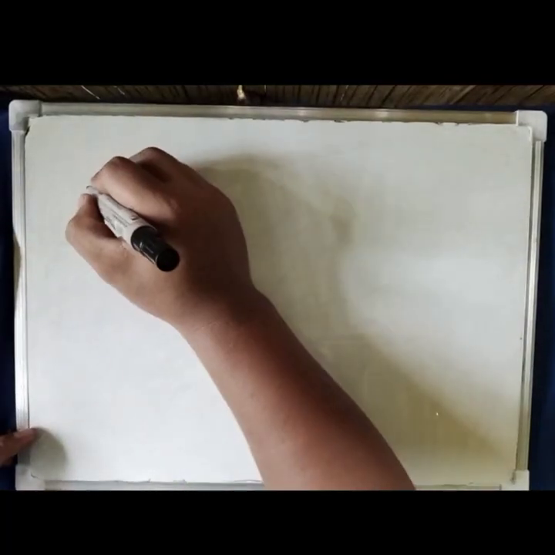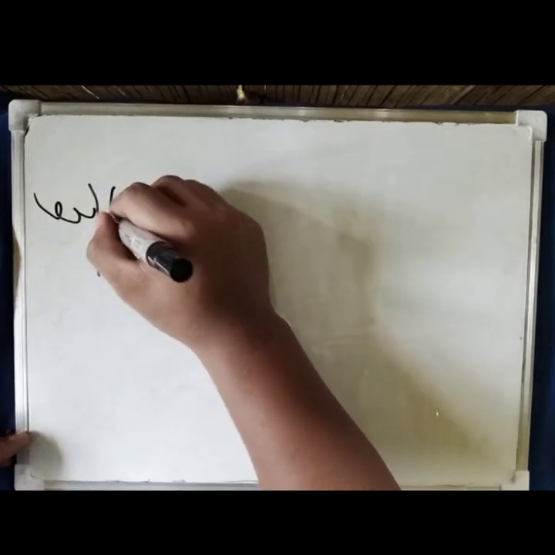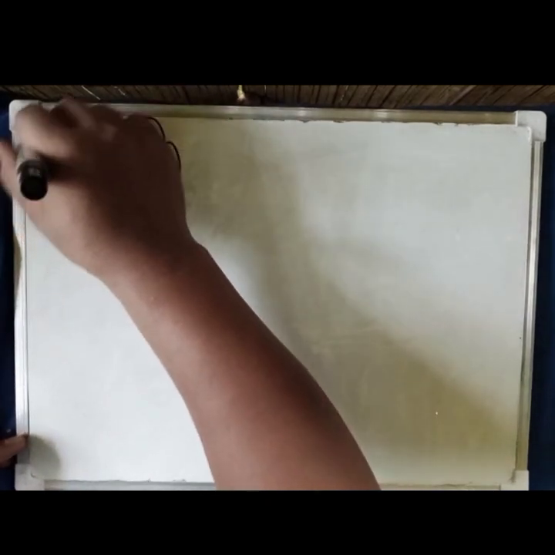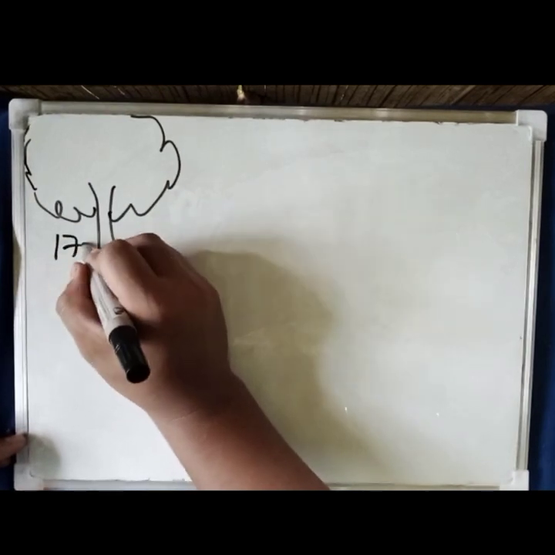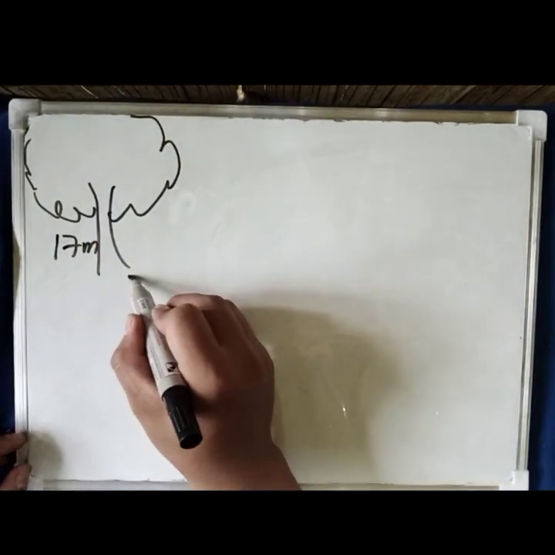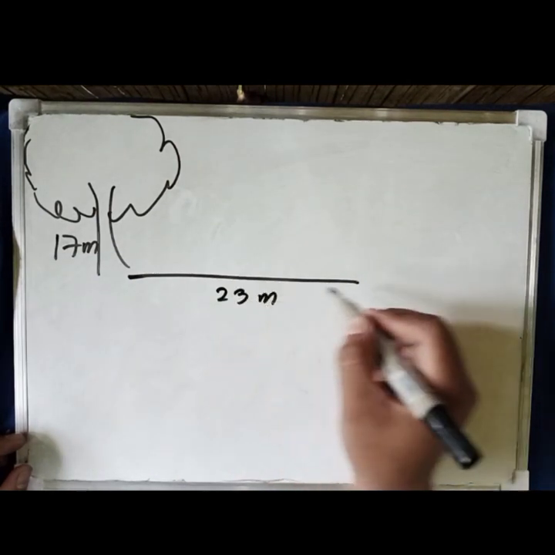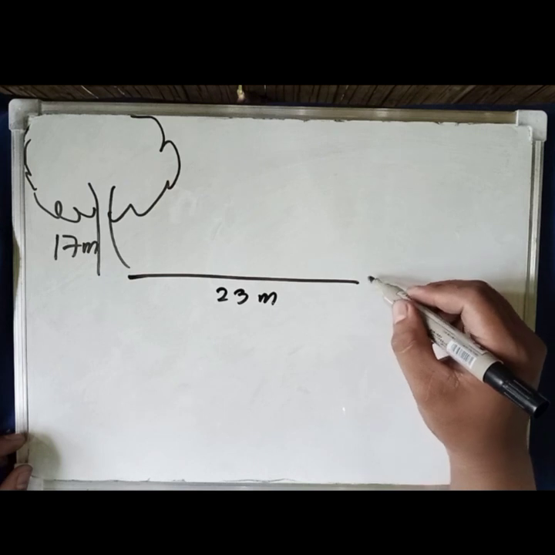So according to the problem, the height of the mango is 17 meters and the distance between the mango and the stone that you are holding is 23 meters.